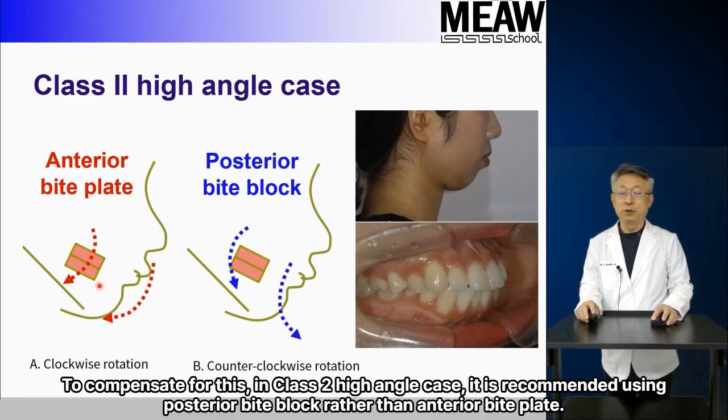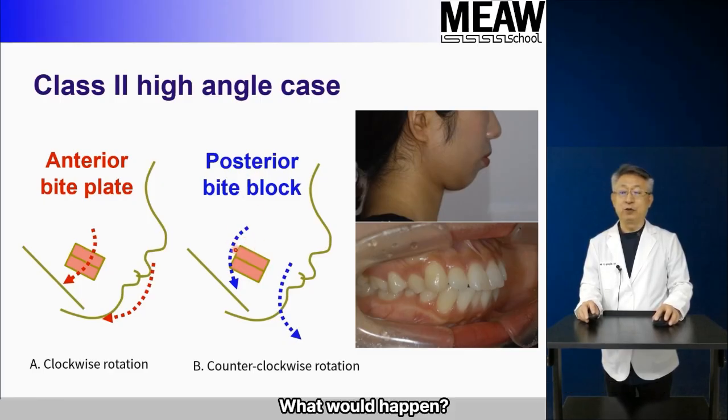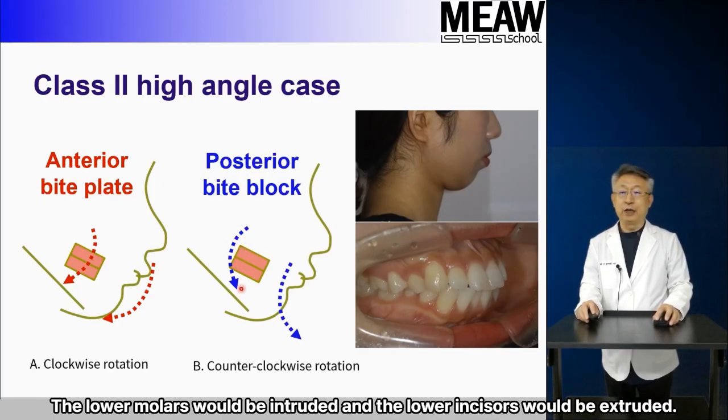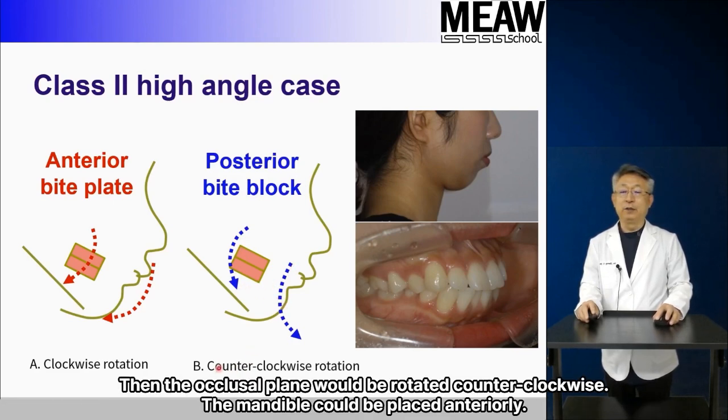To compensate for this, in Class 2 high-angle case, it is recommended using posterior bite block rather than anterior bite plate. What would happen? The lower molars would be intruded, and the lower incisors would be extruded. Then the occlusal plane would be rotated counterclockwise. The mandible could be placed anteriorly.